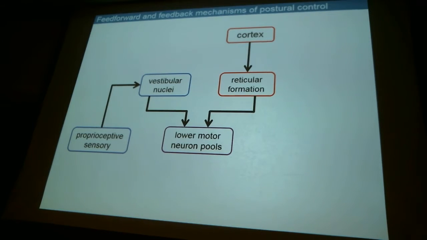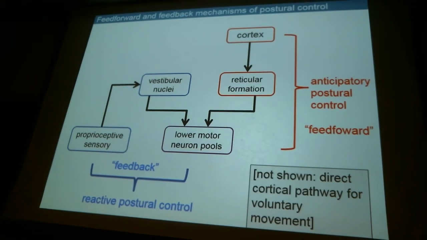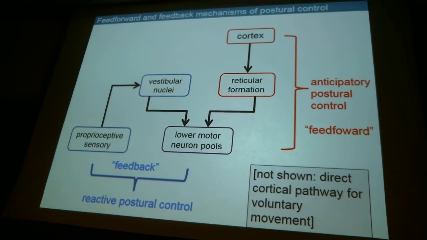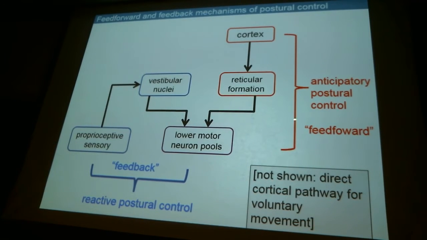Sorry, this should be vestibular feedback. And that's added together into the lower motor neuron pools, activating maybe different pools, depending on what you need to do. So we can think of this as two circuits: the anticipatory postural control, which is a feed forward circuit, and a feedback circuit, the reactive postural control. What I'm not showing here is that direct pathway. This is the indirect feed forward pathway.